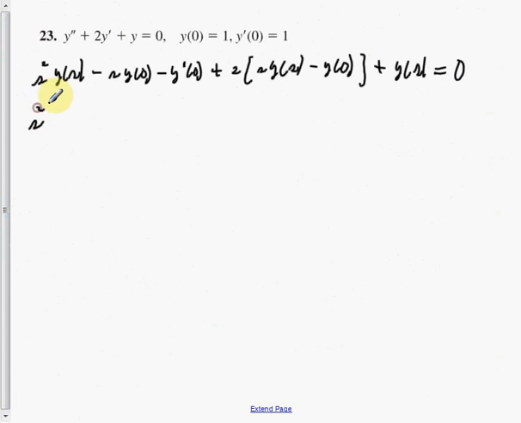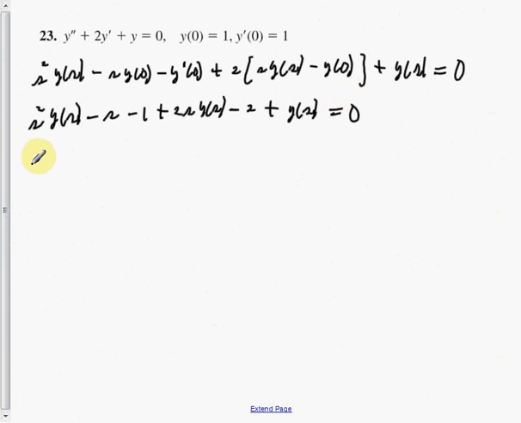So here I get s squared times Y of s minus s times y of 0. y of 0 is 1, so it's just minus s, minus y prime of 0, that's 1, so minus 1, plus 2s times Y of s minus 2, y of 0 is 1, just minus 2, then this is plus Y of s is equal to 0.